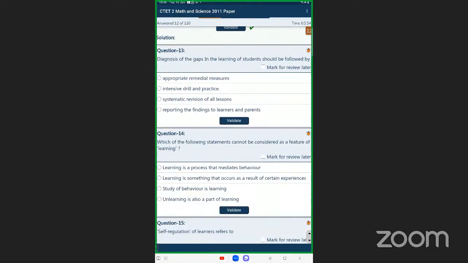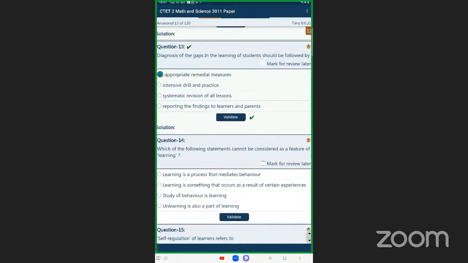Next one, you see, diagnosis of the gap in the learning of a student should be followed by what? So it should be followed by appropriate remedial measures.